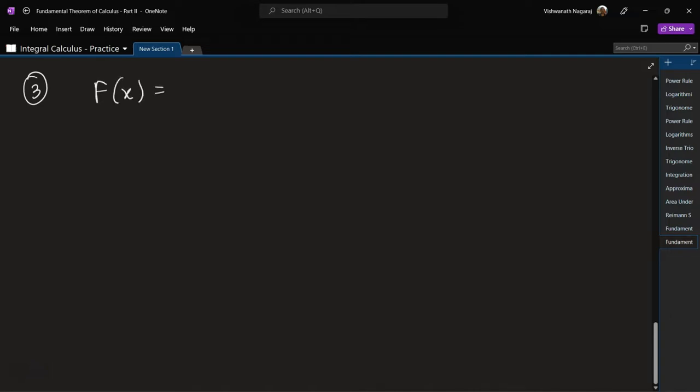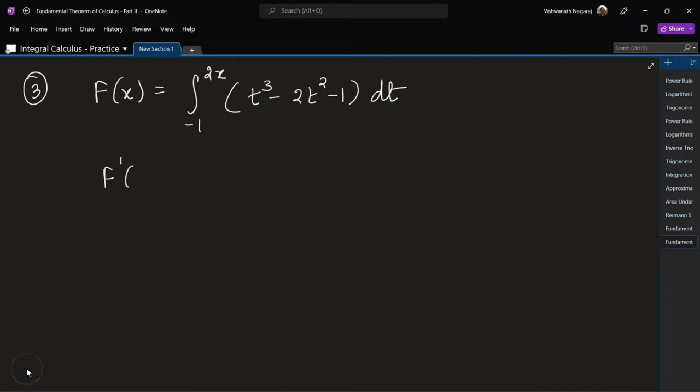Capital F of x is equal to the integral from minus 1 to 2x of t cube minus 2t square minus 1 dt.